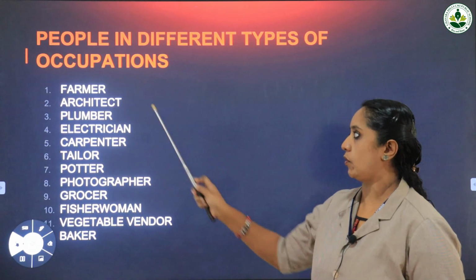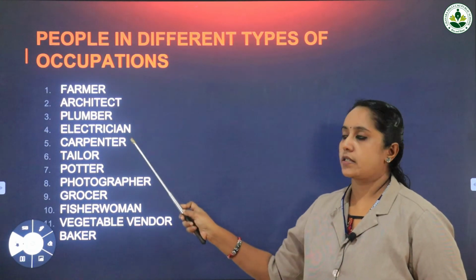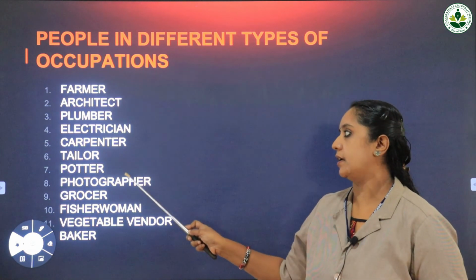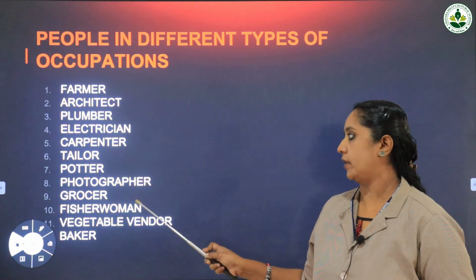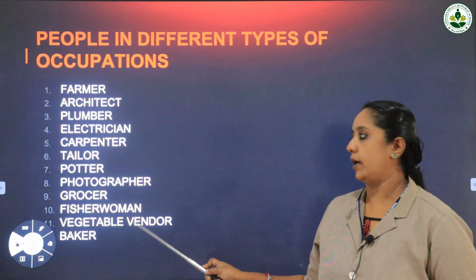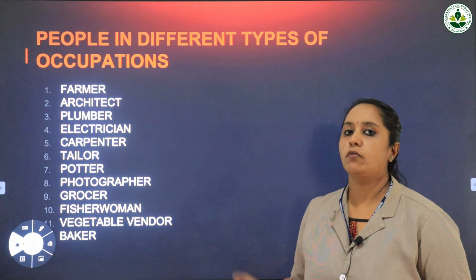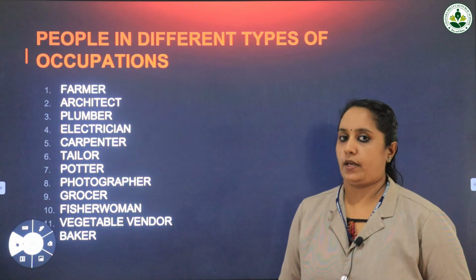So we discussed farmer, architect, plumber, electrician, carpenter, tailor, potter, photographer, grocer, fisherwoman, vegetable vendor and baker. So there are about 14 different occupations.